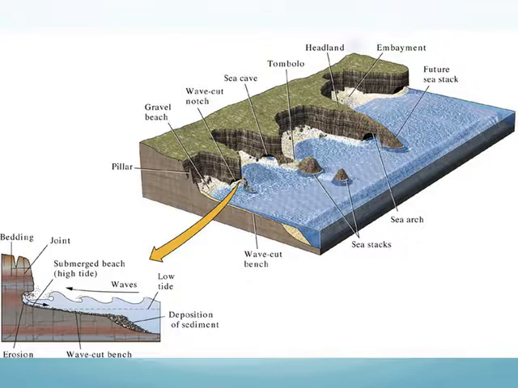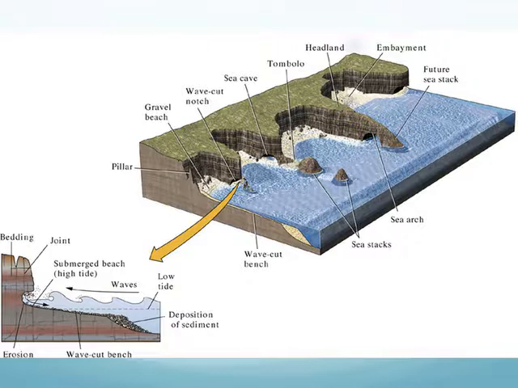Whatever the case may be, that headland, that area where the sea arch is, is weaker, and so the waves were able to erode it much more quickly than that future sea stack. But if the waves continue to erode that sea arch, and say the top part of the arch erodes away and falls into the ocean, well, that point over there, which is called the future sea stack, then becomes a sea stack, right?